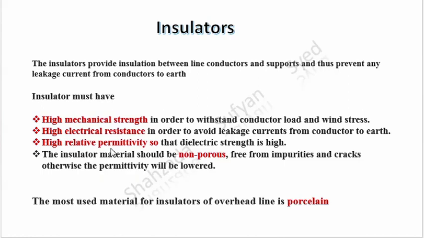The insulator material should be non-porous and it should be free from impurities and threads. Otherwise, the permittivity will be lowered. This may result in the flow of leakage current inside the insulator, and as a result, breakdown can occur. The most commonly used material for insulators of overhead lines is polyethylene.